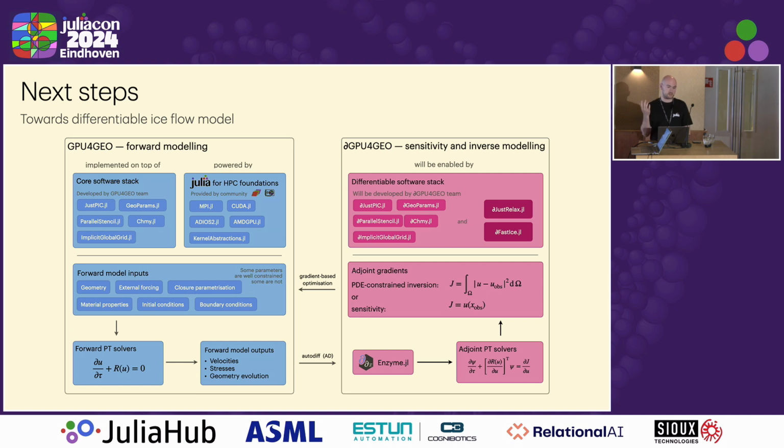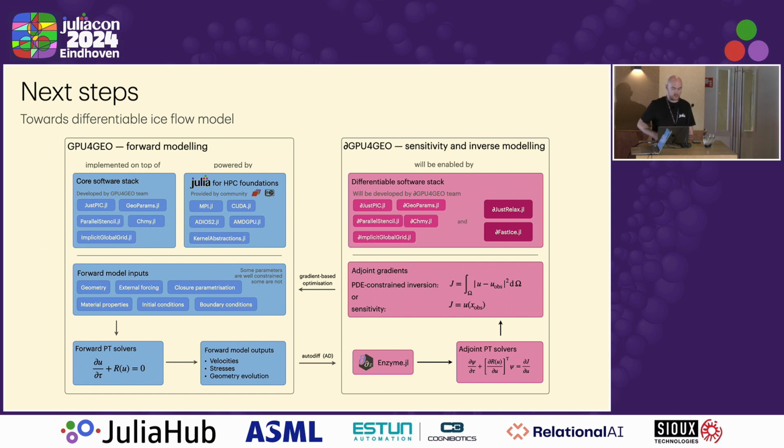This is practically what I wanted to show, and here are some next steps. We had this GPU4GEO project, which was about writing these solvers, and there is an ecosystem around it, including all these packages.